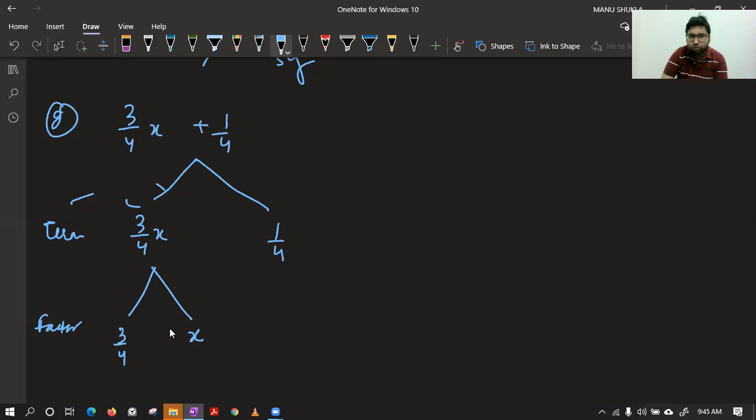And the factor for 1 by 4 is 1 by 4 only. If you want, you can write 1 also extra. It will not harm you. Here also, if you want, you can write 1 extra because it will not harm you and 1 can be taken. So I think this is clear now, everyone.